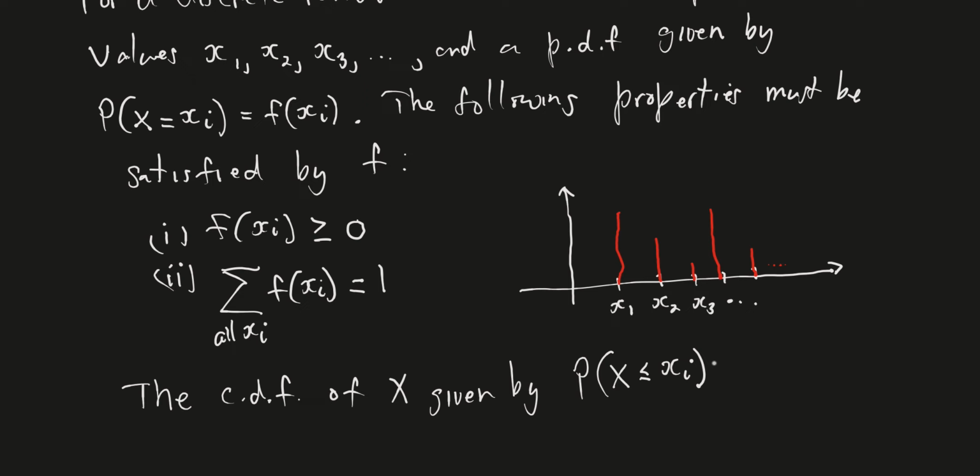And when we switch to the F notation, we use the uppercase F to indicate the CDF. So it will look like this. That's the function whose properties we're going to talk about right now.